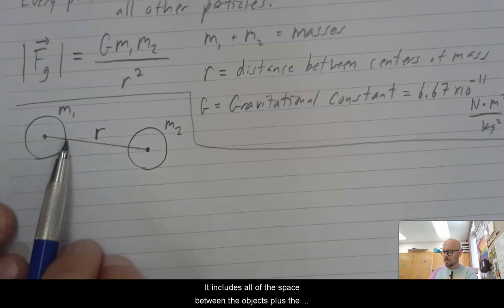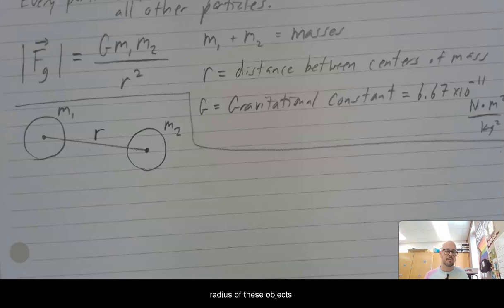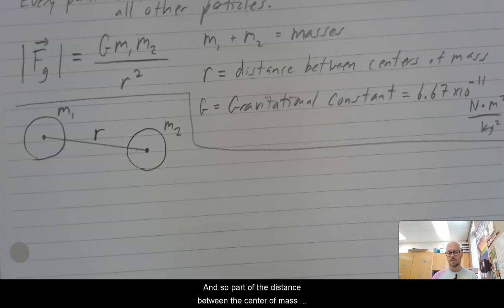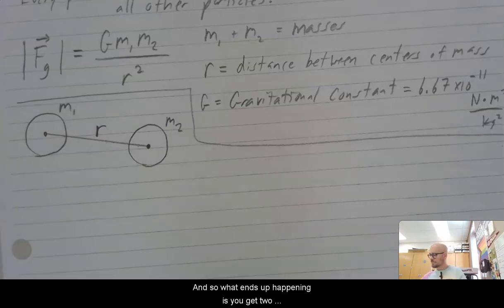It includes all of the space between the objects plus the radius of these objects. Pretty much every object we're going to use for gravity, we're going to model as a circle or a sphere. And so part of the distance between the centers of mass of the two objects is the radius of the object itself. And so what ends up happening is you get two forces of gravity.